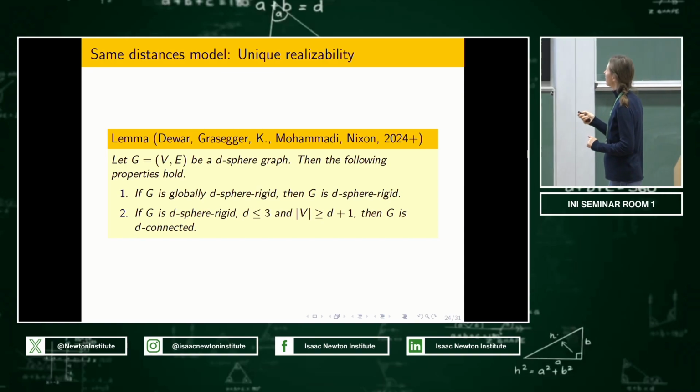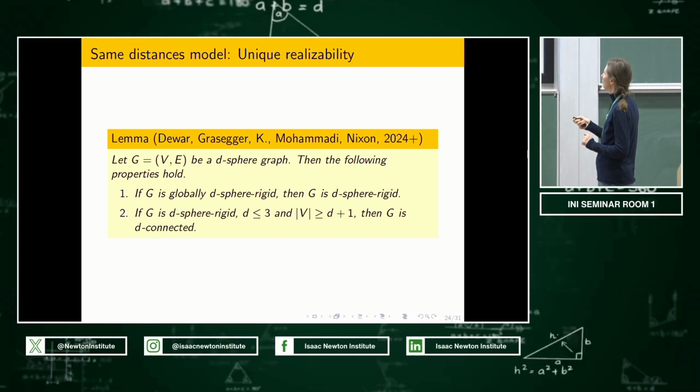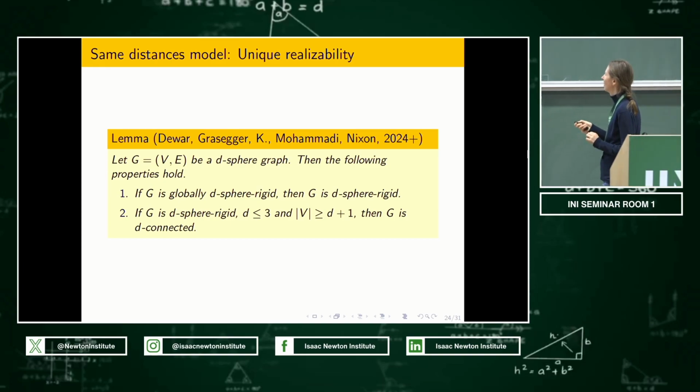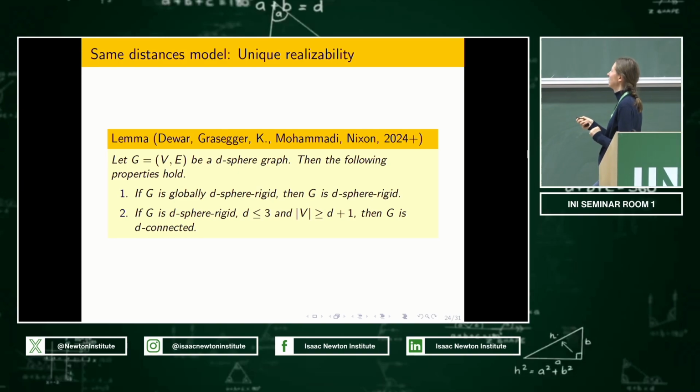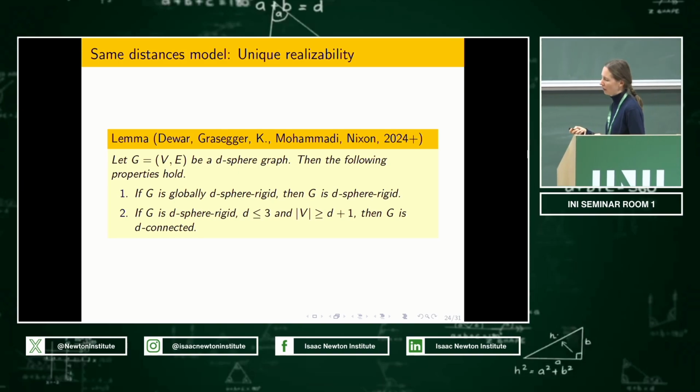And if G is globally d-sphere rigid, then it's also d-sphere rigid. And if G is d-sphere rigid, d is less than or equal to 3, and the number of vertices is greater than or equal to d plus 1, then G is d-connected.